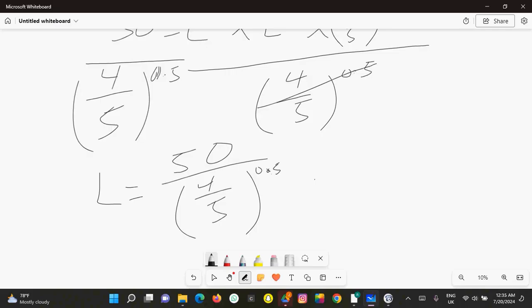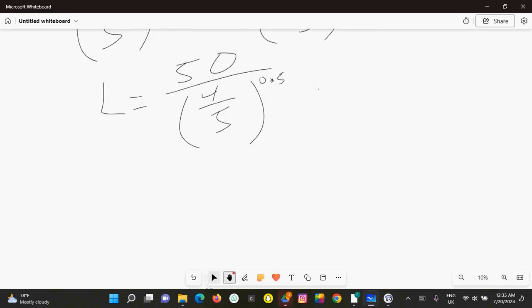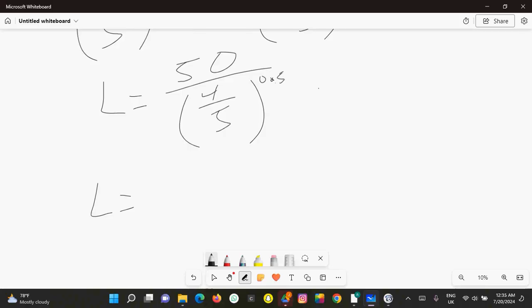When we do this on the calculator, we are getting L to be approximately 55.90.